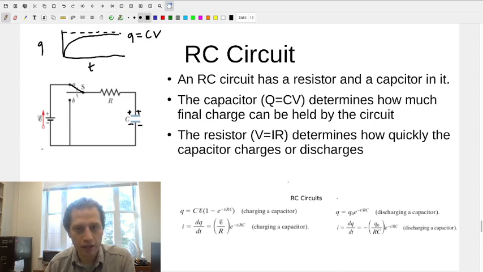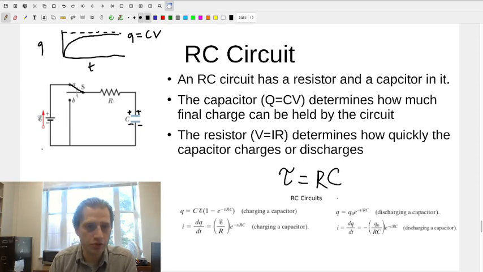Now, the key thing in these RC circuits is to realize that the time dynamics are determined by the product of R times C. Because if you have a resistor whose resistance is large, it will cause the current to be smaller. If you have a resistance whose resistance is small, it will cause the current to be bigger. A small resistance allows this capacitor to charge more quickly. A big resistance allows this capacitor to charge more slowly.